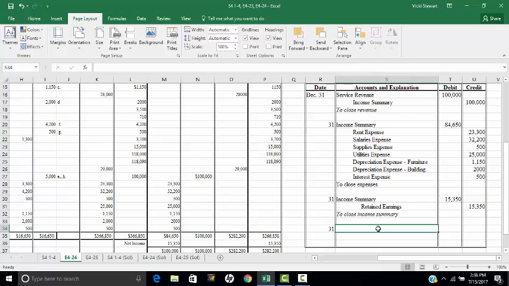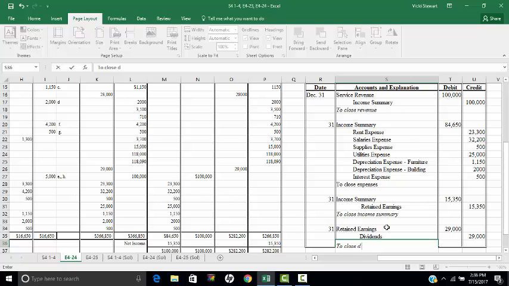Our last closing entry is to debit retained earnings for the amount of our dividends, and we also get that information from the worksheet, and we credit dividends because remember, dividends also has a normal debit balance since it reduces retained earnings, and our explanation for that entry is just to close dividends.